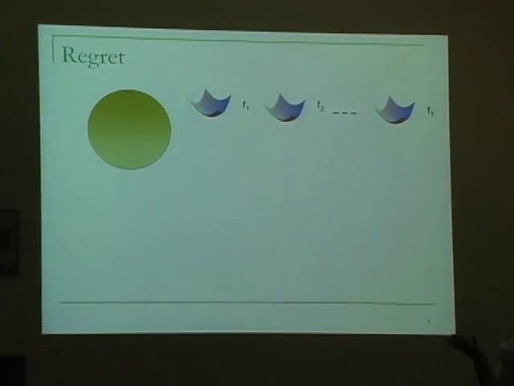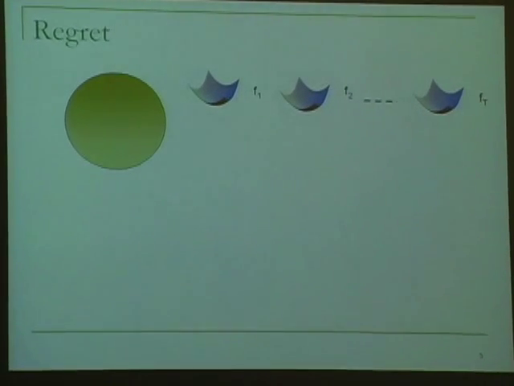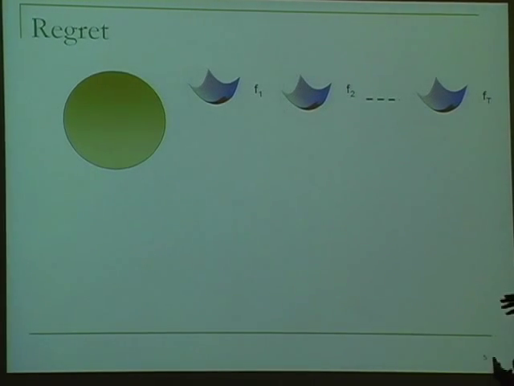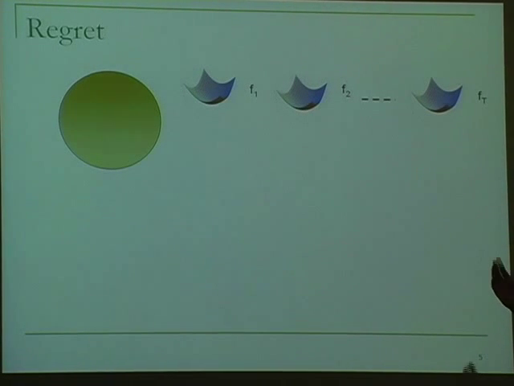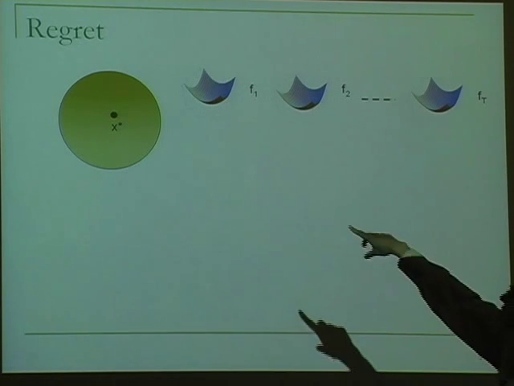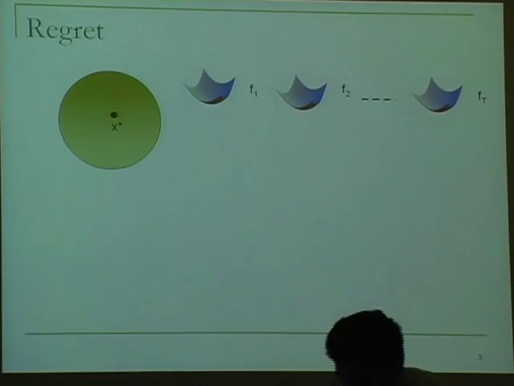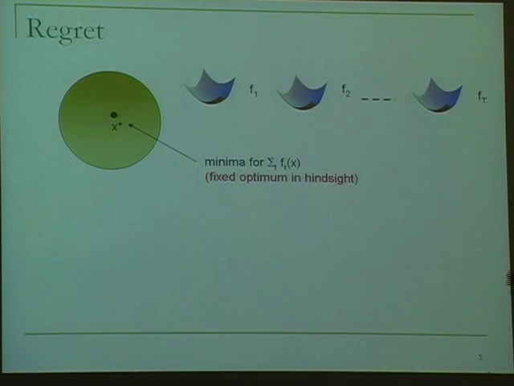The usual way in which we measure performance in the online learning setting is known as regret. Let's say this process continued for T days. We've accumulated some loss. Now we're going to construct a benchmark against which we want to perform well. Take the T functions and compute this point x star, which is known as the fixed optimum in hindsight.